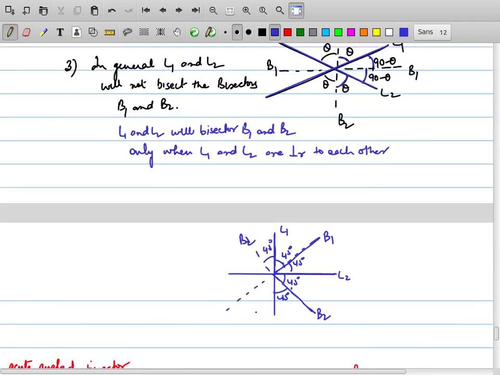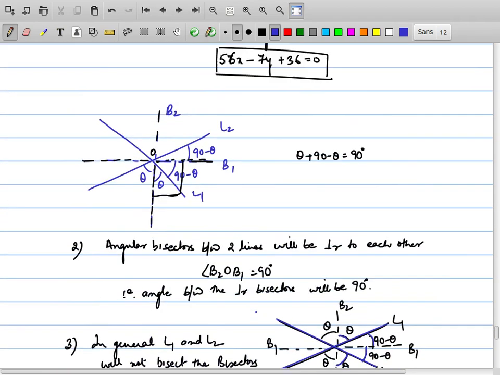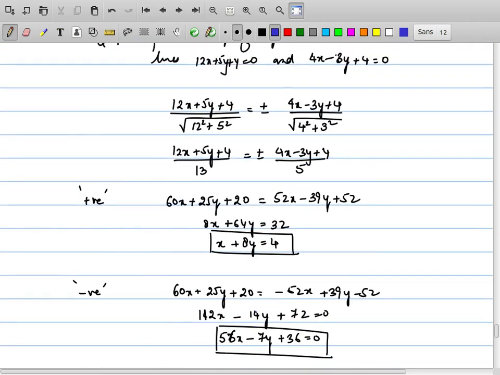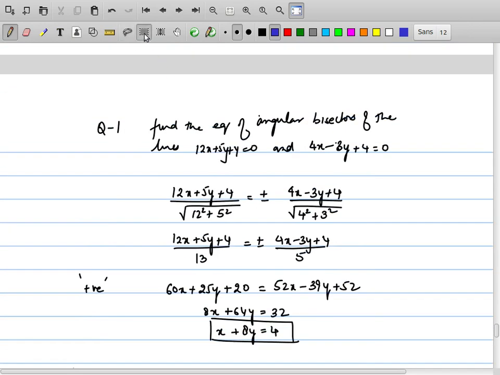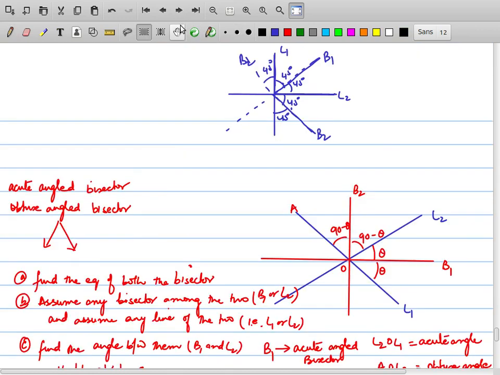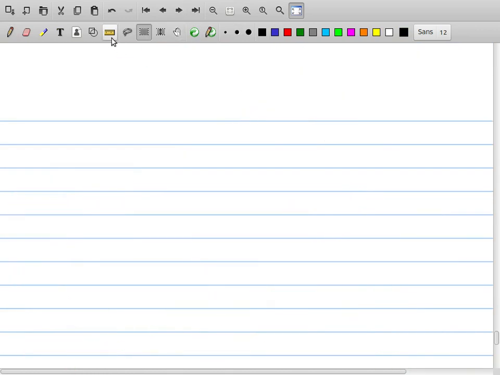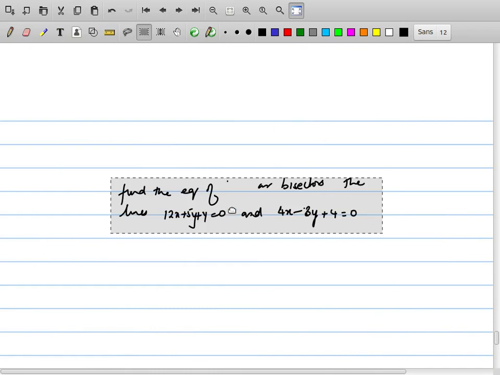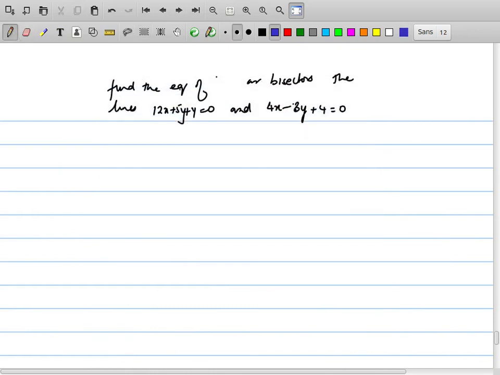Let's say we continue our question that we had taken. Suppose we find the equation of the angular bisectors between these lines. Now this we have already done.